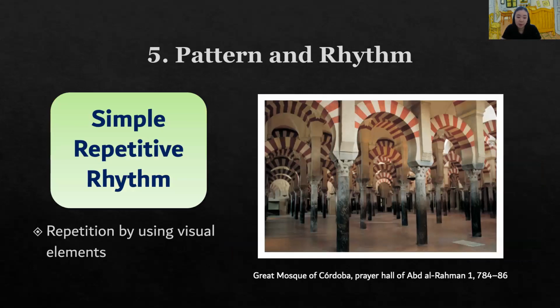And the simple repetitive rhythm is a repetition by using the same shape, color, size, value, line, or texture over and over again, by using visual elements.